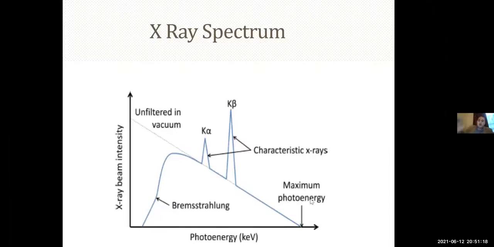So when I tell you that I adjust the X-ray tube at 80 kV, that means most photons coming out from the X-ray tube have energy around 40 kilo electron volt, but at 120 kV most photons have energy of 60 kilo electron volt.